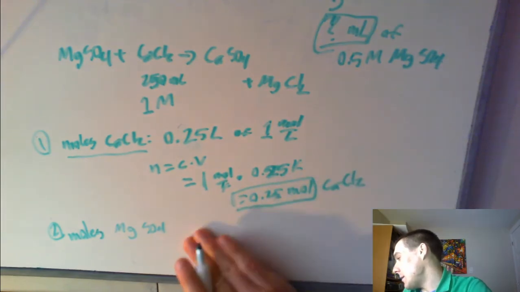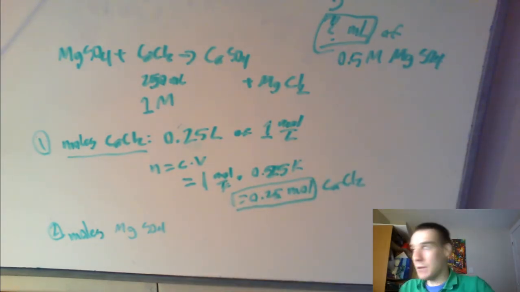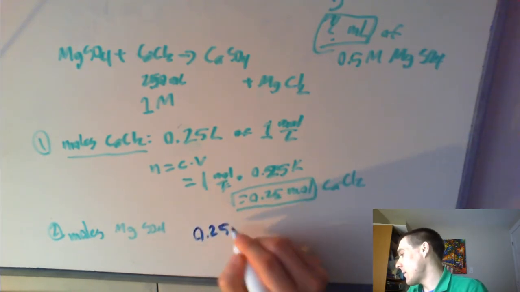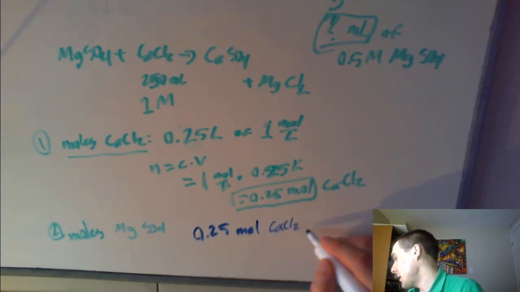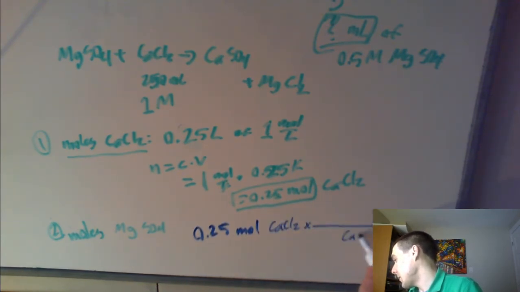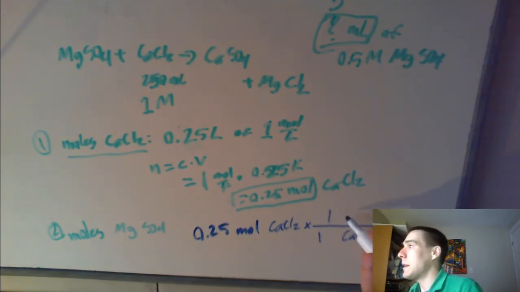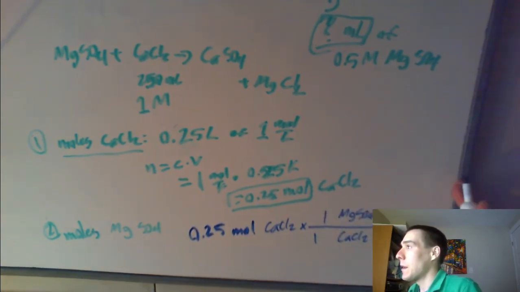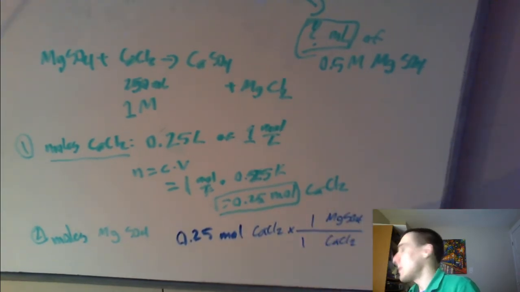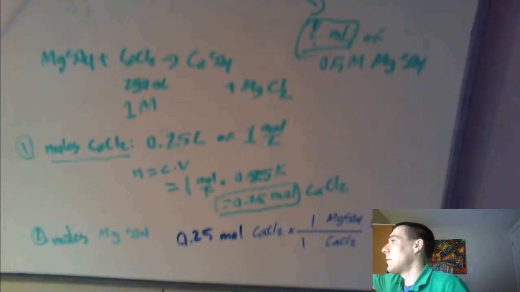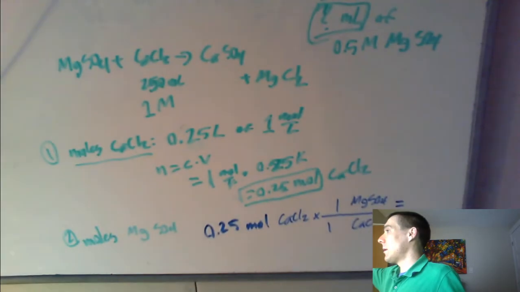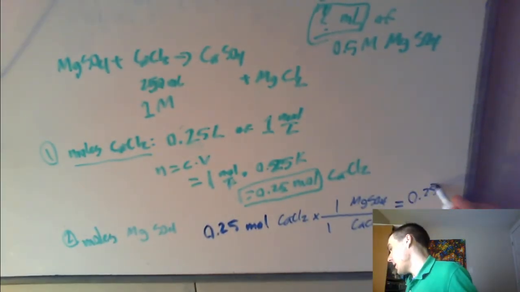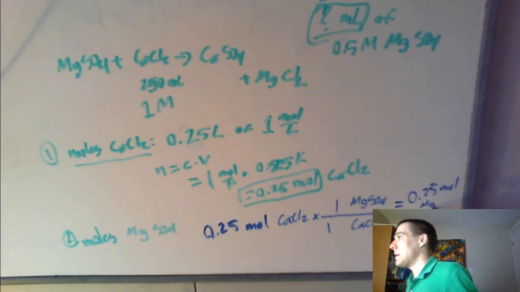So if we use our 3-step stoichiometry, I'm going to grab a blue marker here: 0.25 moles of calcium chloride times, with calcium chloride on the bottom, it's a 1, and magnesium sulfate on the top, that's 1. It's a 1-to-1 ratio. So clearly we're going to have the same, 0.25 moles of magnesium sulfate.